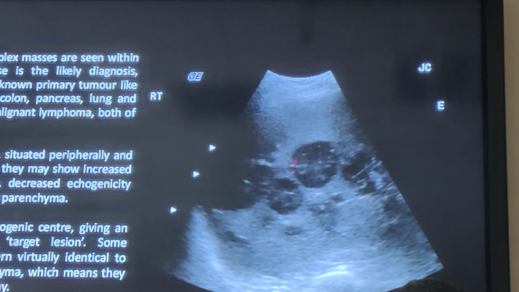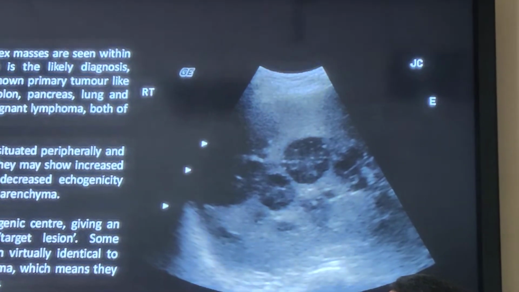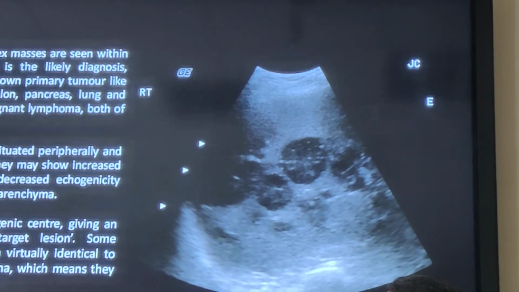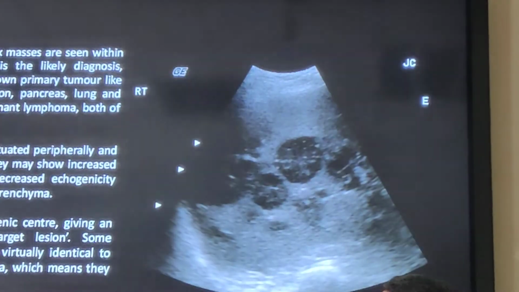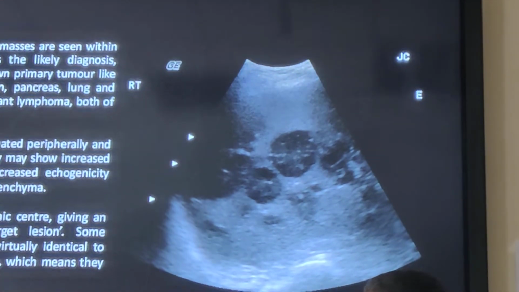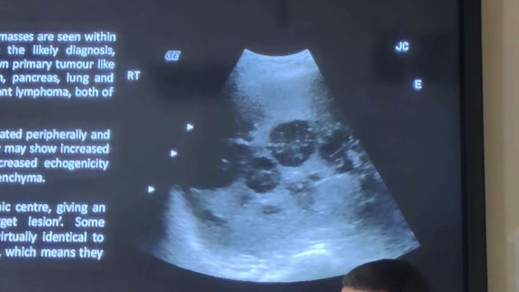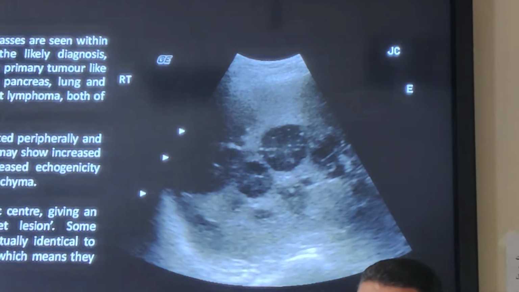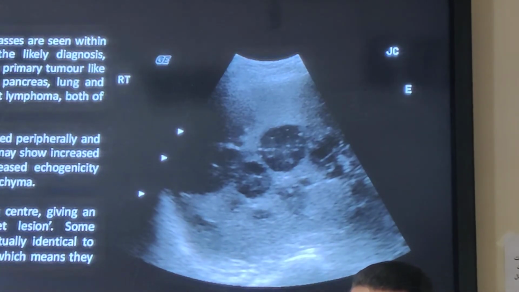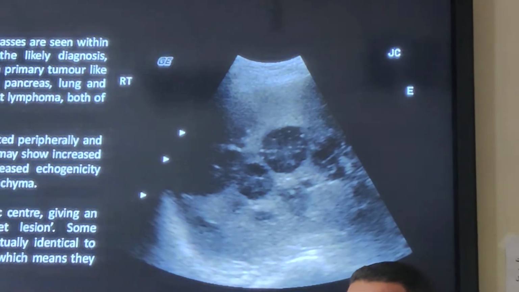Liver metastasis, it is more important, it is more famous than the primary tumors of the liver. الميتاستاسيس أكثر من نشوفه بالليفر، نشوفه أكثر من البرايمري tumors. Secondary tumors in the liver more than primary tumors.